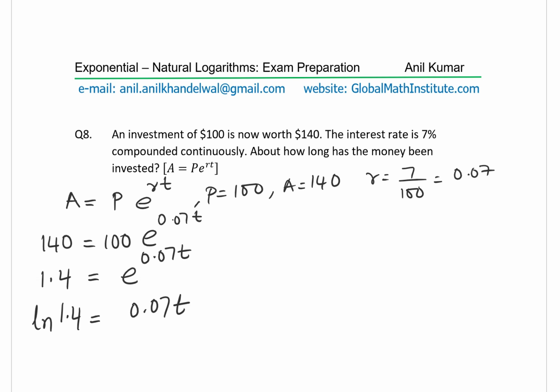And so we get the value of t here as equal to natural log of 1.4 divided by 0.07, right? Equals, let's calculate our answer. We'll use the calculator: ln 1.4 divided by 0.07, we get 4.8, right? So we get 4.8 years.